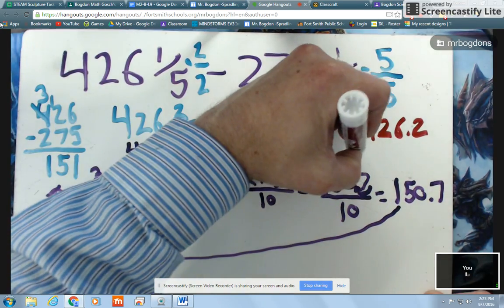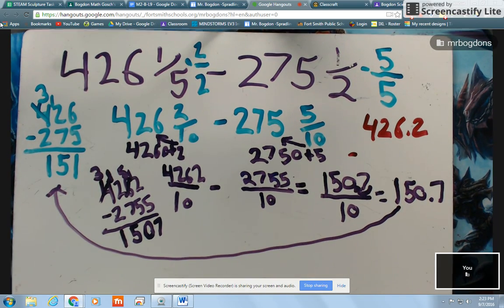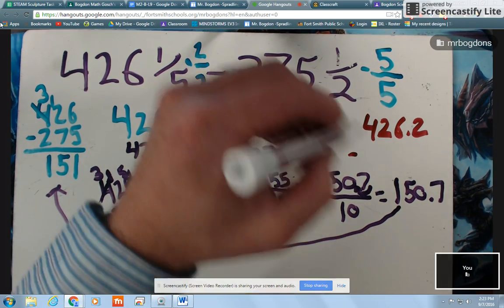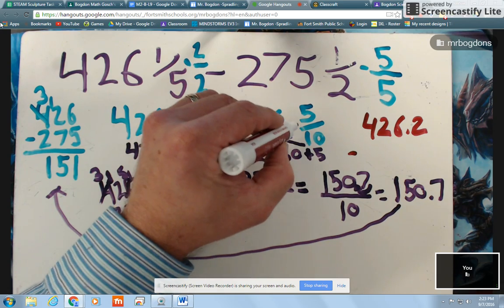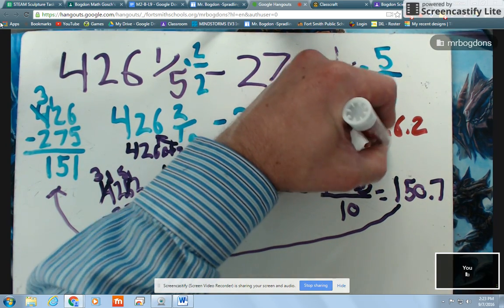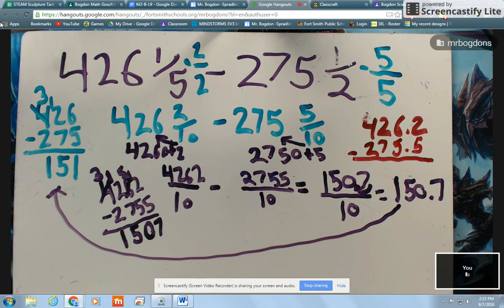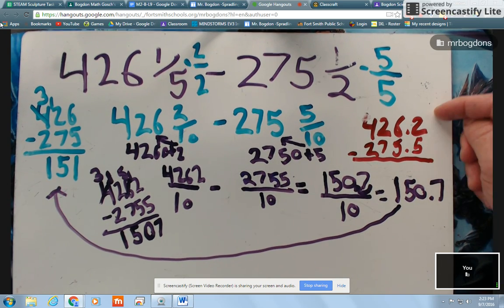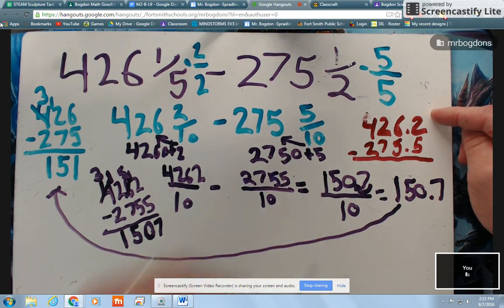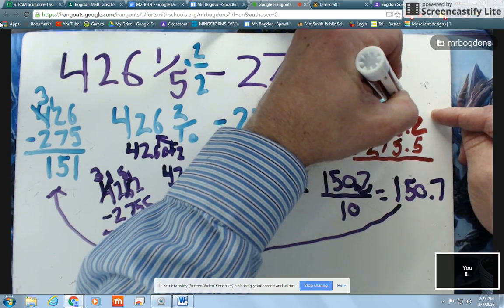And then what's being subtracted? 275 and 5 tenths. Wait till this is done. Now I'm taking away 5 tenths from 2 tenths. Can I do that? I need to borrow.